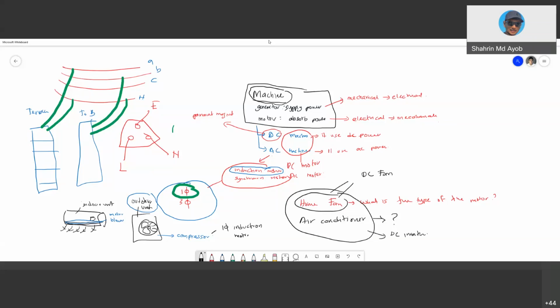For example, the new type of ceiling fan, they say this is a DC fan, much quieter, lighter, and more efficient. So is the DC fan here a DC motor?